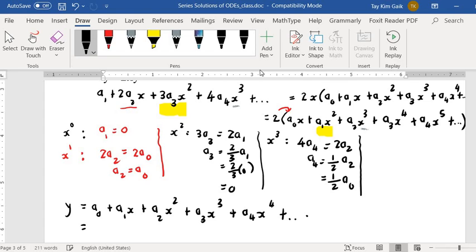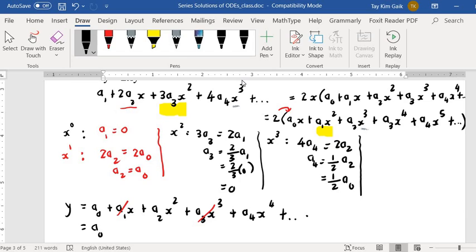As I said, the constants will be solved from a1 onwards in terms of a naught. a1 is 0, a3 is 0. We just want the first 3 terms, then we can stop here. If you want more terms, you compare x power 4, x power 5, and so on.